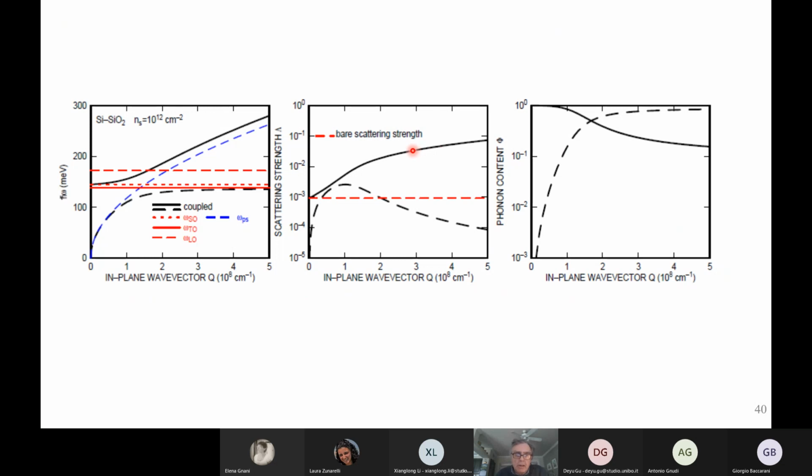If an electron in the electron gas, which is the channel of the material, scatters with a plasmon, nothing is lost in terms of the current. What you do is you simply take the momentum of one electron and distribute this momentum among all of the other electrons in this collective motion, which is the plasmon. So you don't lose momentum, which means you don't lose current.